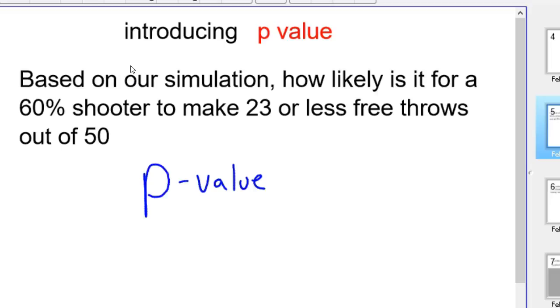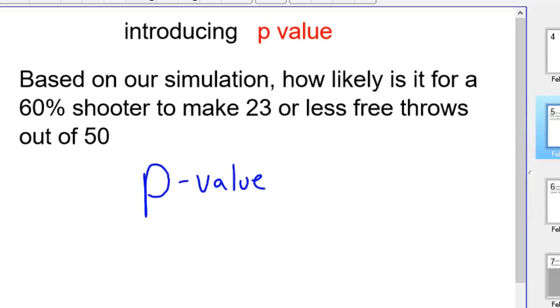So once we have a simulation done of what we assume is true, based on our simulation, we might ask ourselves, how likely is it for a 60% shooter to make 23 or less free throws out of 50? We call this a p-value.